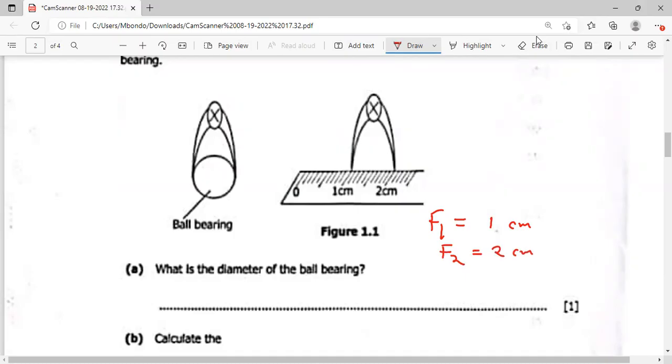So we calculate by saying the diameter will be equal to the final reading minus the first reading. Now, if you substitute these values, you find diameter equal to 2 centimeters minus 1 centimeter, which gives you diameter equal to 1 centimeter as your final answer.